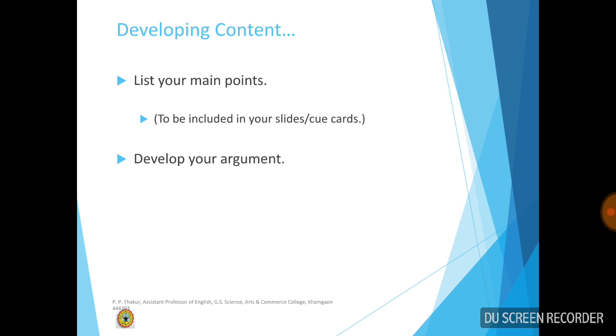You should extend or write the script of your talk, your presentation, based on the main points that you have just listed. You should elaborate them, and you should support your statements with reasons. You should always make a statement with reason.